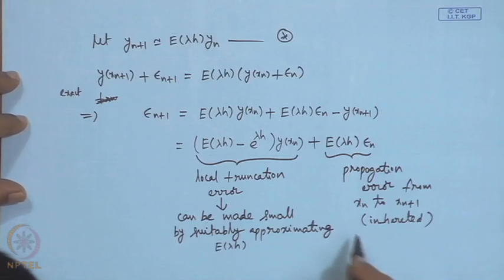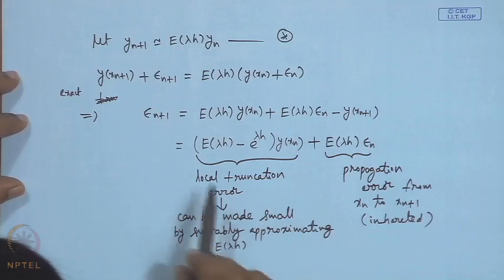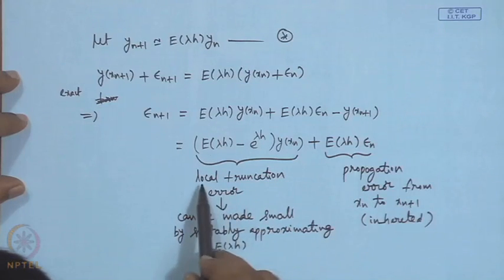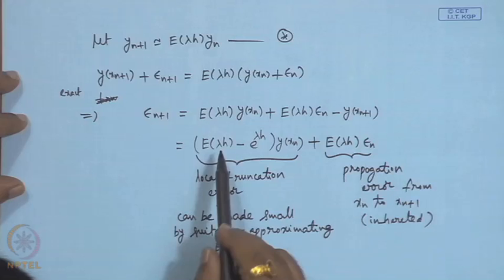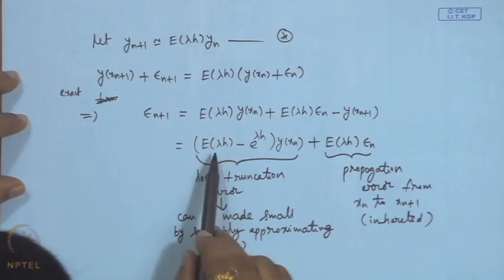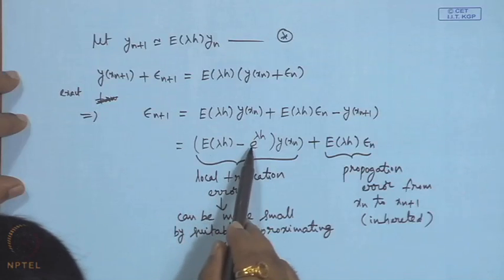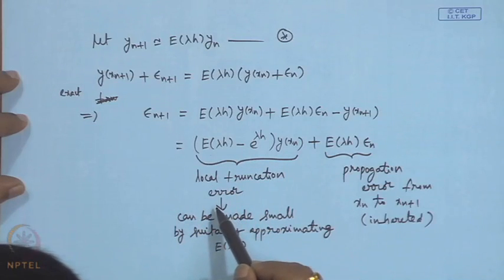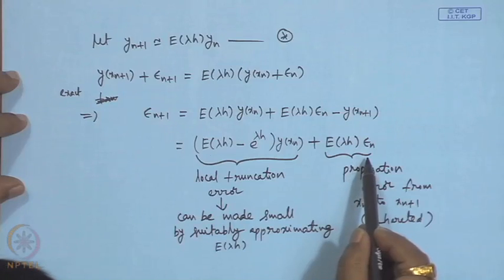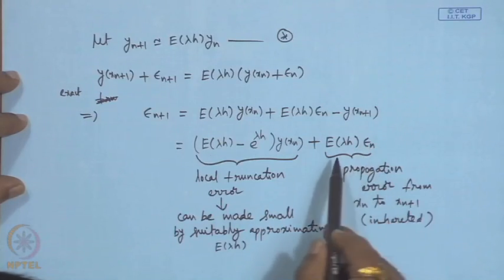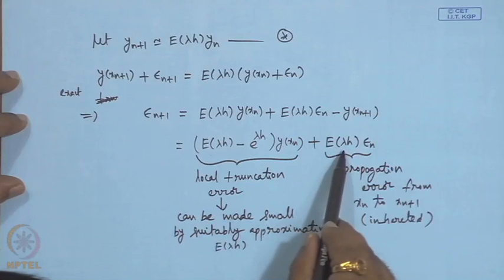Okay. So, error at n plus 1 stage consists of two parts. One is local truncation error, which is due to the approximation. The better you approximate close to e power lambda h, the smaller the local truncation error. Other is the propagation error. The error at nth stage has been magnified by this factor.